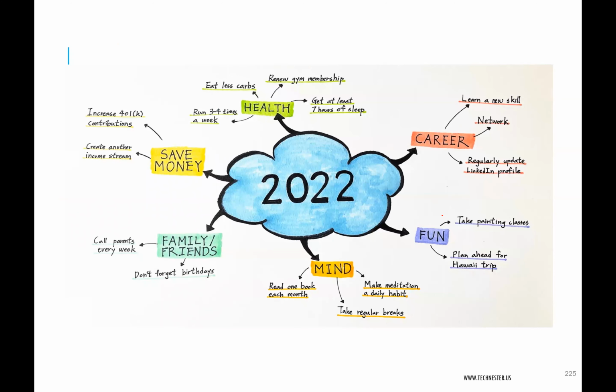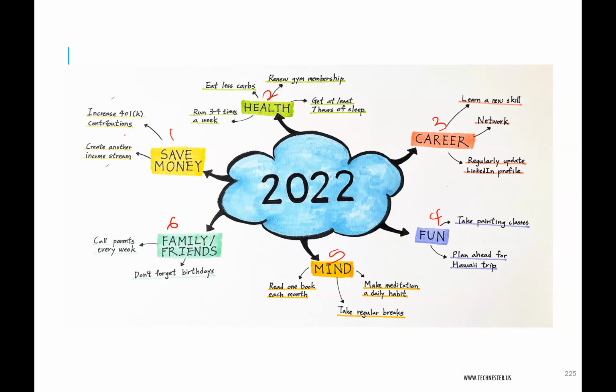This person, for example, is planning their 2022. They can say, okay, 2022 that we're planning. My concerns for 2022 or my major focus will be on saving money, health, career, fun, mind, family, and friends. So under save money, they can have branches and other nodes. So their plans under save money will be increase contribution 401k, create another income stream.